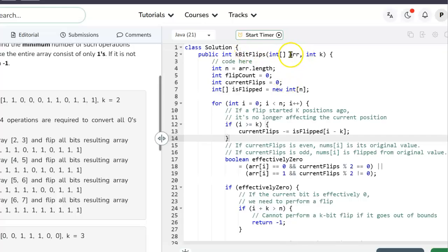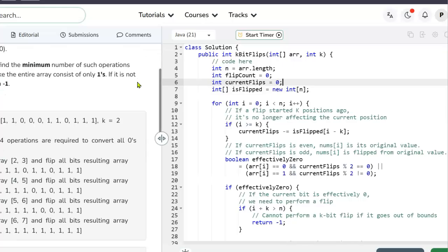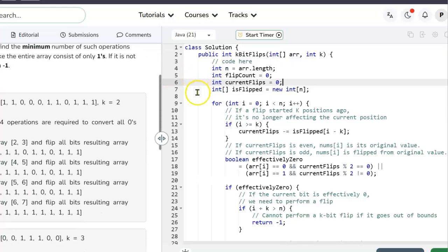So what we get in the input is the array. We're going to do this example here, the first example, and k, the length of the subarray that we are allowed to flip.